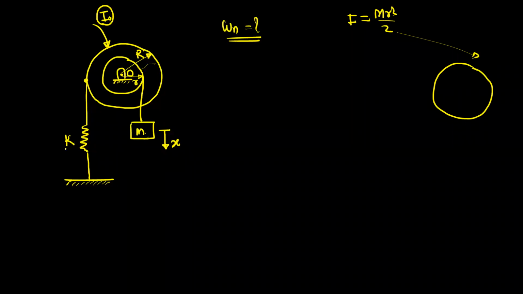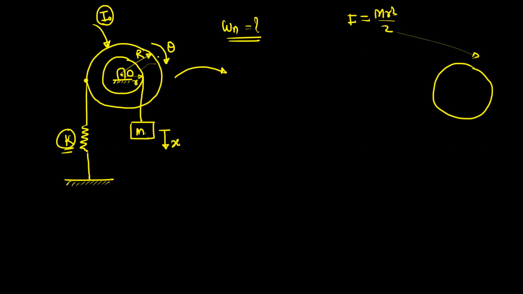This spring is having the stiffness k. Now, depending on the x value, you can draw the displaced position just to find out the deformation of the spring k. Okay, so basically, when you press the mass m by x displacement, the complete disk will rotate by a small angular displacement theta.